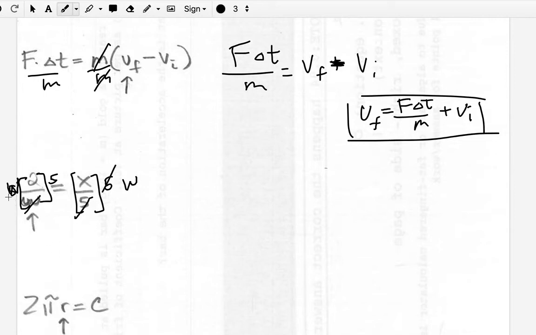The W's cancel. 2 times 5 is 10, equals xW. Remember, we're trying to solve for W. Divide both sides by x. We get W is equal to 10 over x.